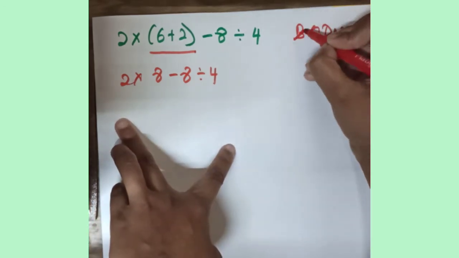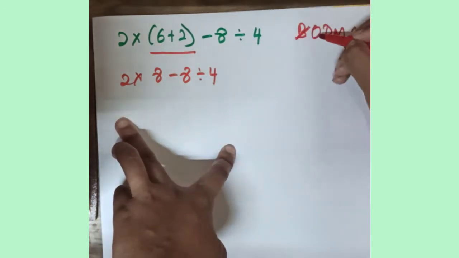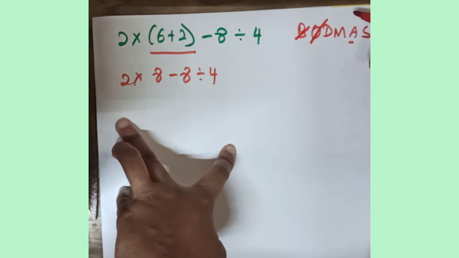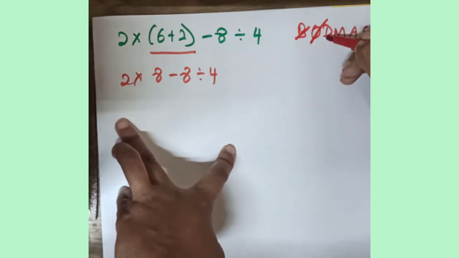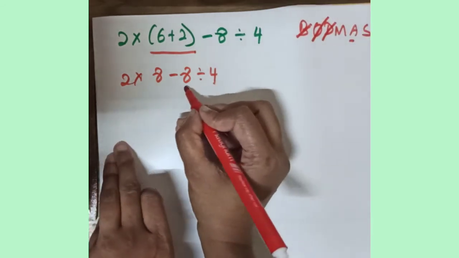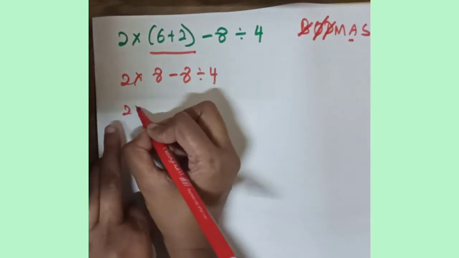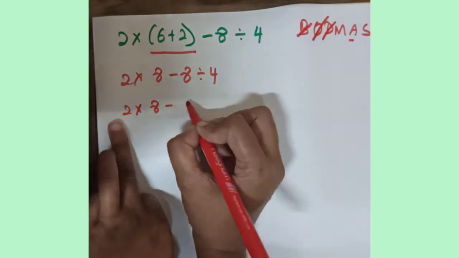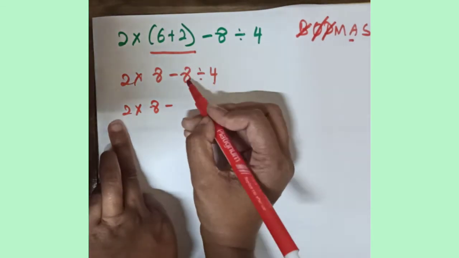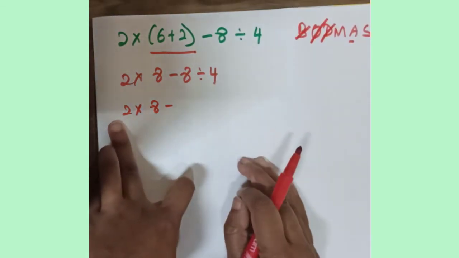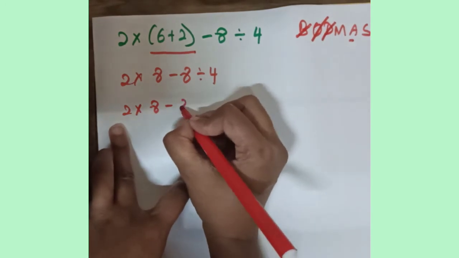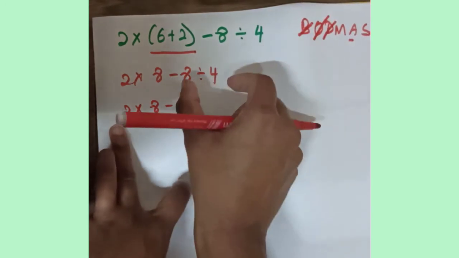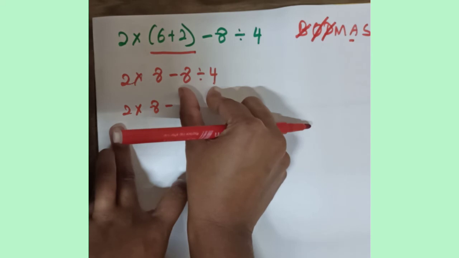Okay, B done. O, of course, it is not available, so we are going to cut it off. D. Yes, we have a division to be done. What is it? Yeah, 8 divided by 4. Then this comes as 2 into 8 minus 8 divided by 4. Just forget this sign. Consider only this part.